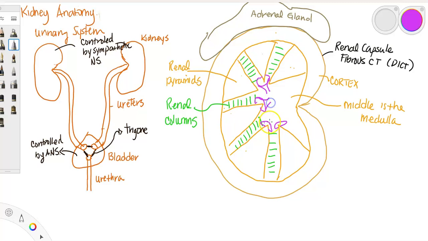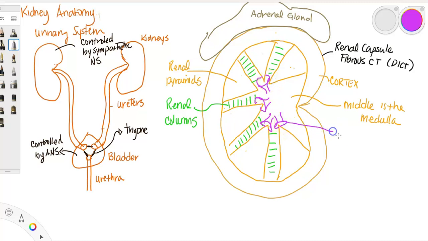They're literally little cups or spouts, maybe? I don't know. Anyway, they're like little cups. Basically, urine drips out of there into these little cups. And one of these small cups is called a calyx. So this is called a minor calyx.